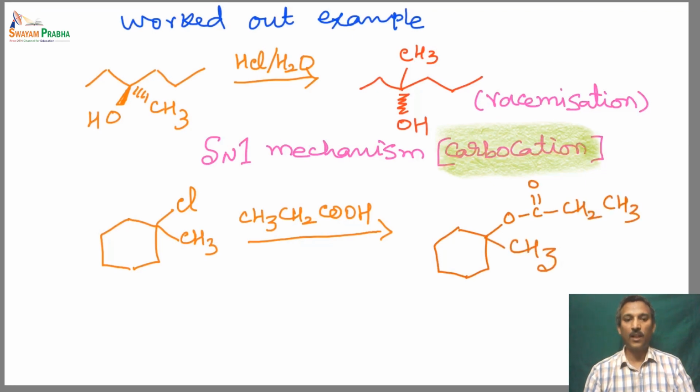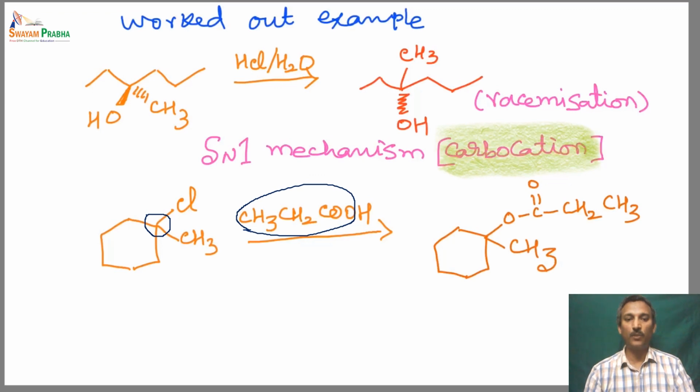If we take another substrate, here also we have a quaternary carbon. This also undergoes acylation. In this case, the carboxylate anion is the nucleophile. This carboxylate anion removes the chloride.